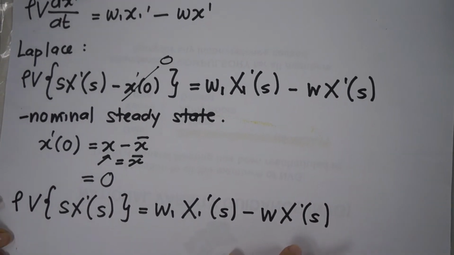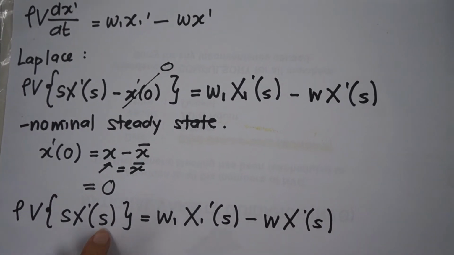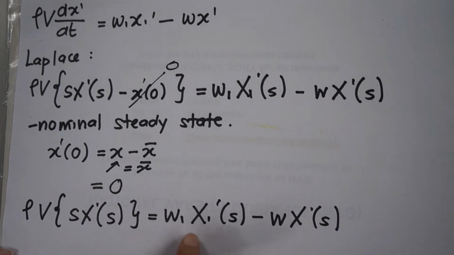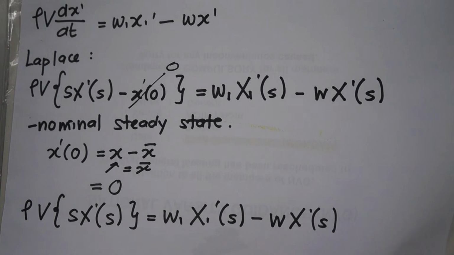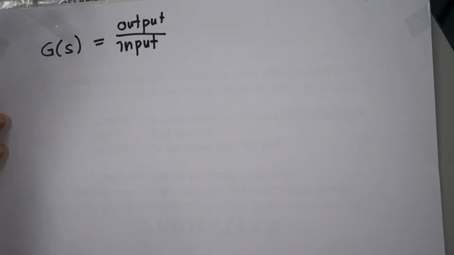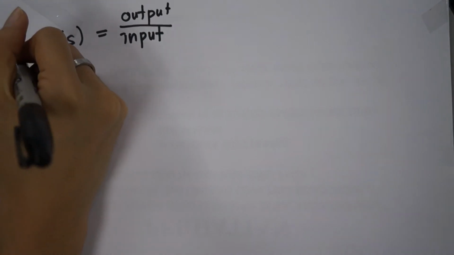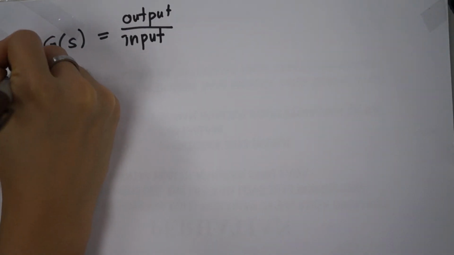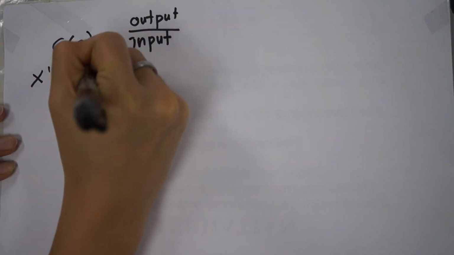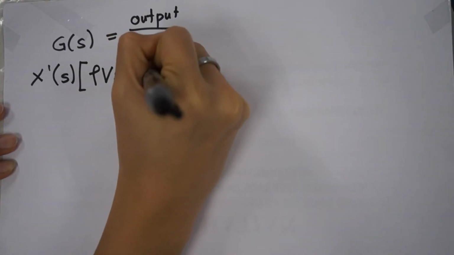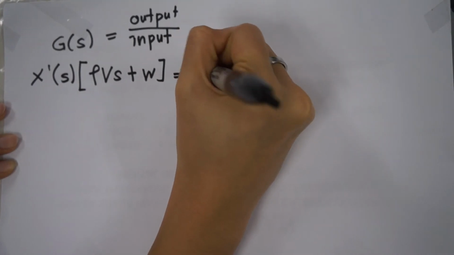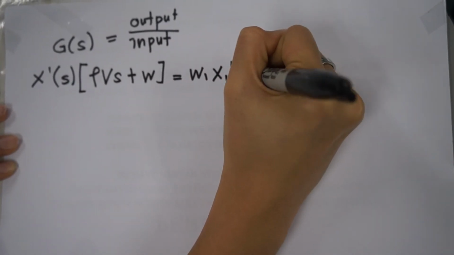Do you see this? Remember earlier which one is the output variable: the x, and the input variable is x1. So what we're going to do here is derive a transfer function model, which is G(s), where you get the output over the input. If you rearrange the earlier equation, you should get this. It's just a simple rearrangement, no rocket science here.